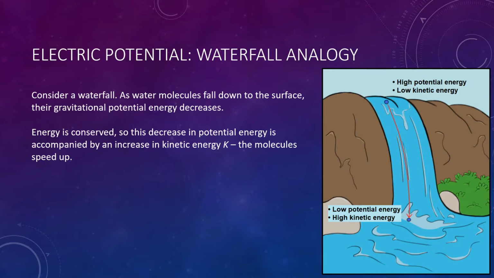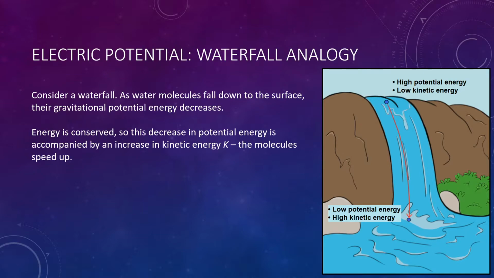But then when it gets to the top of this waterfall, it starts to move downward. Well, when it's at the top, right, it has a lot of gravitational potential energy, right? So at the top, we have a lot of gravitational potential energy because it's the energy associated with height above the ground. So when we're up here, we have a lot of gravitational potential energy.